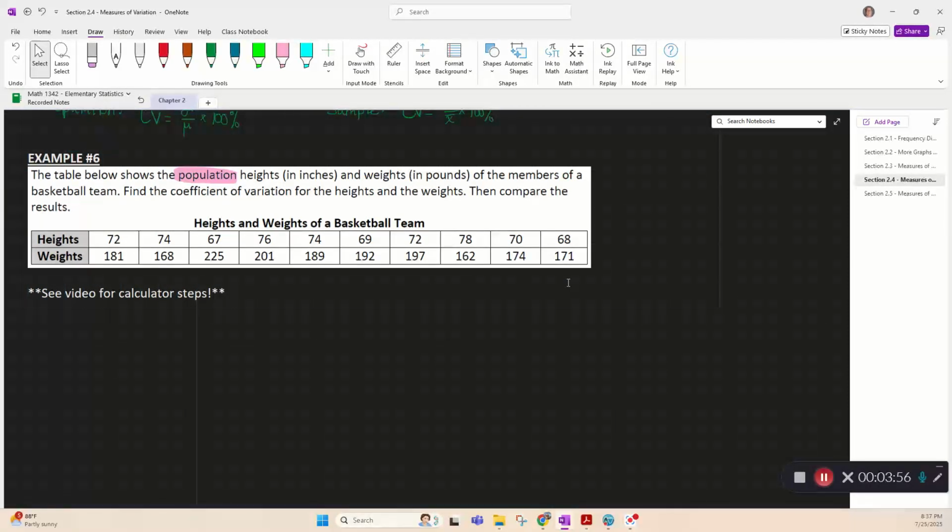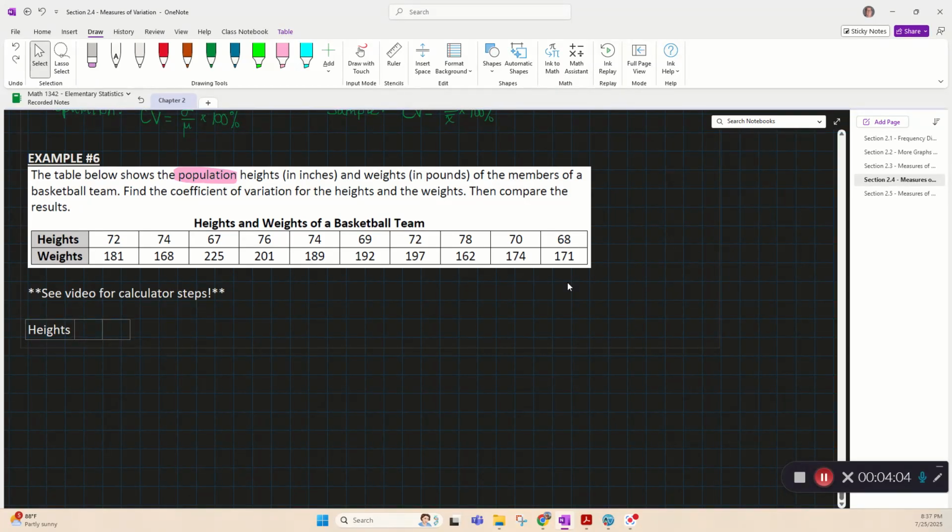Because we're going to do most of this in the calculator. Heights over here, weights over here.